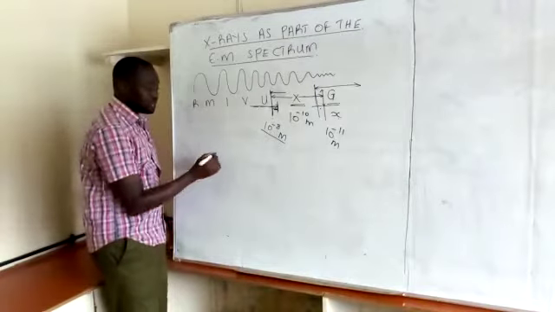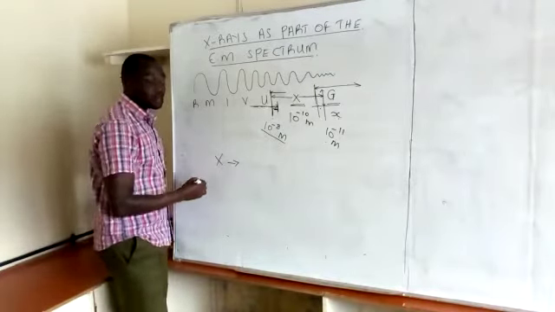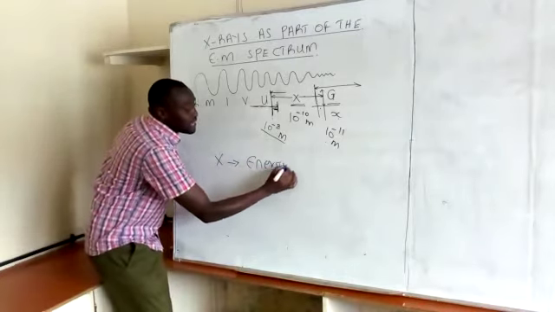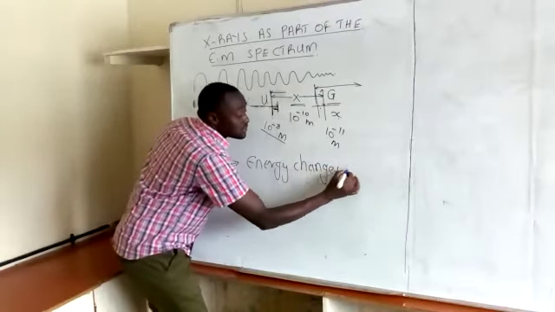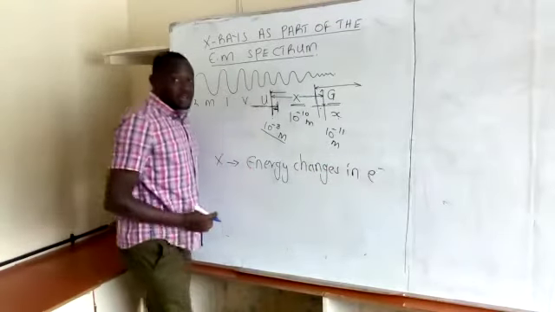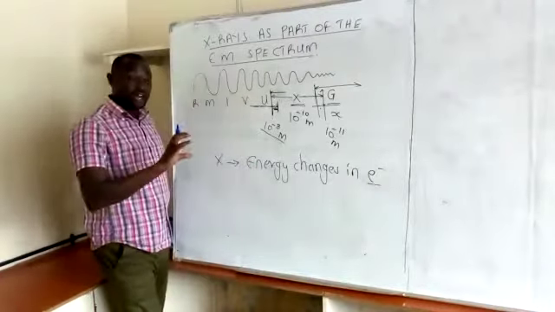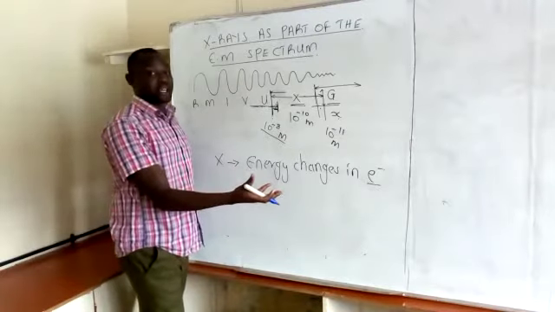are produced. For the X-rays, you find that they are produced due to energy changes in electrons. And we found that this is where the cathode rays are suddenly stopped and we get to produce X-rays.